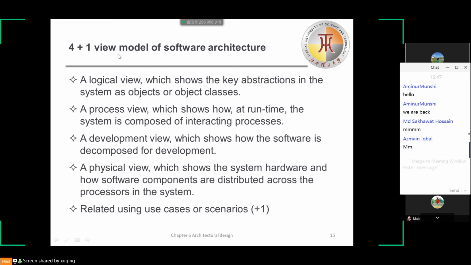When we say +1 view, it means related using use cases or scenarios. In fact, this view is an abstract view of the system that can be the basis for decomposing high-level requirements into more detailed specifications.